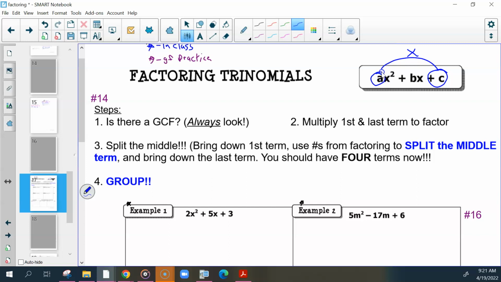I have a question. You don't like me because none of my packets have any of these pages. Sorry.